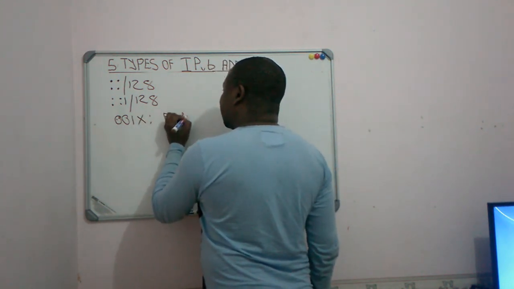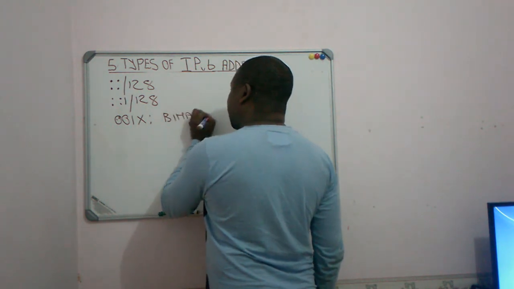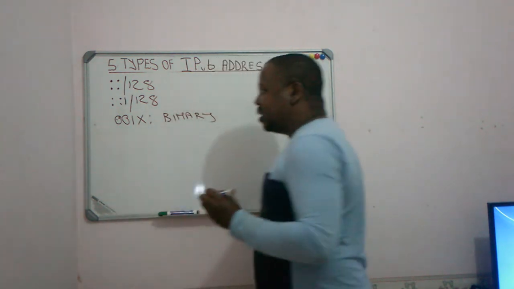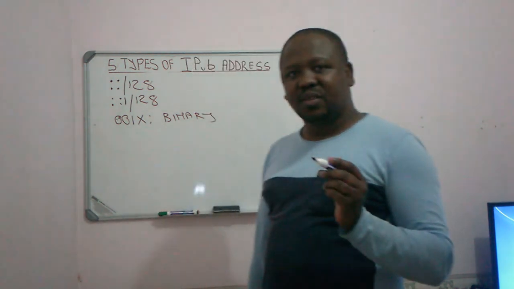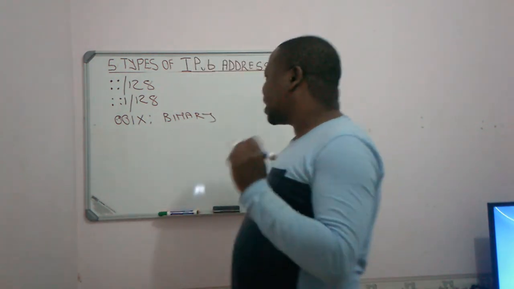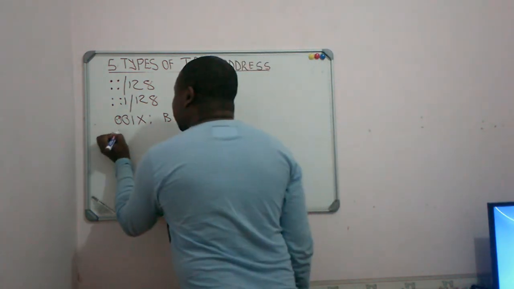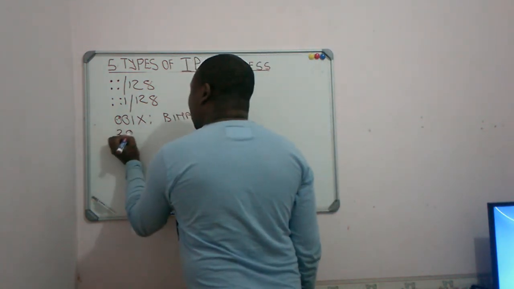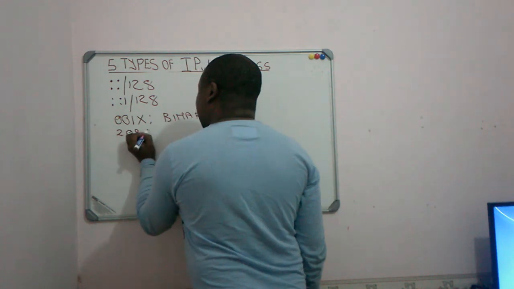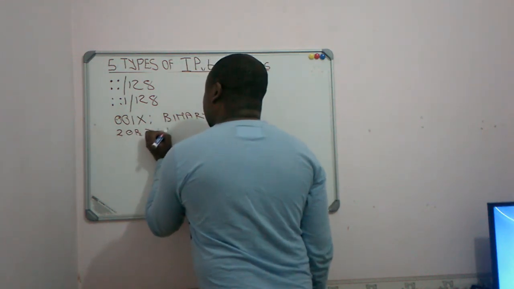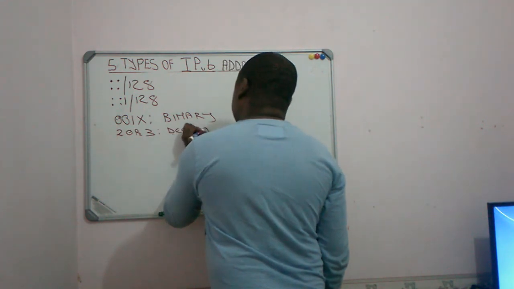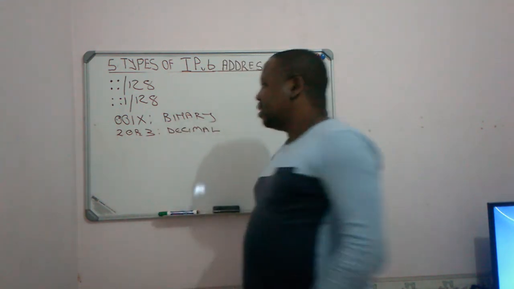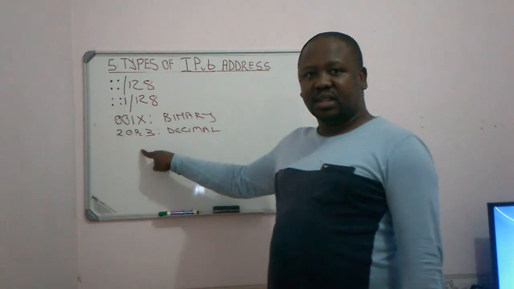That is in binary. And then in decimal, our first character is either a 2 or a 3.